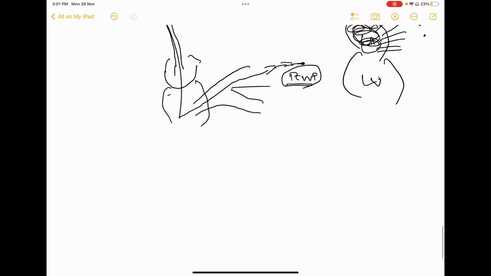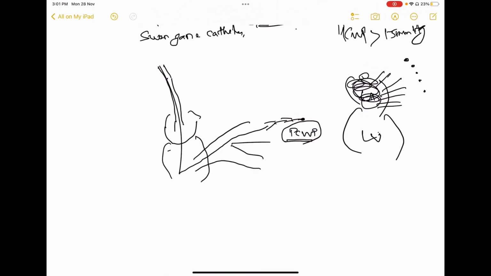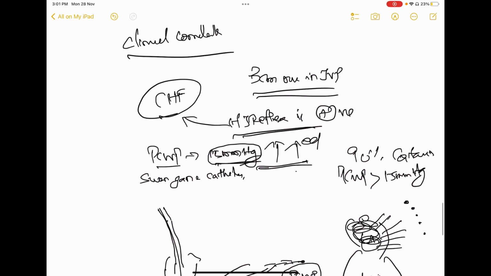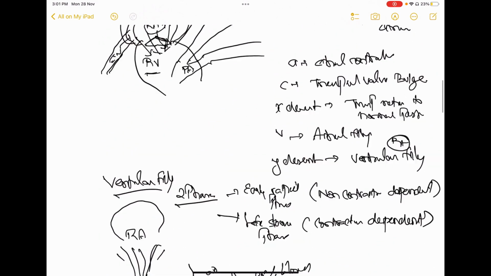Another use of JVP: if the JVP is elevated, the patient's chance of being hospitalized from heart failure, having poor quality of life due to heart failure, or even dying due to heart failure are greatly increased. These are some of the things about JVP that you need to know for your exams.